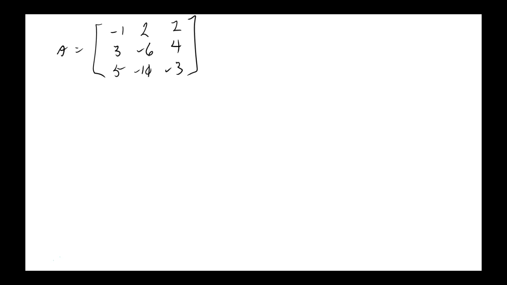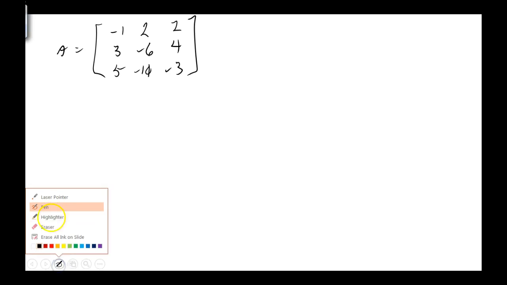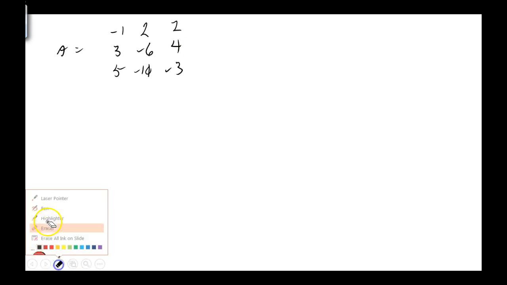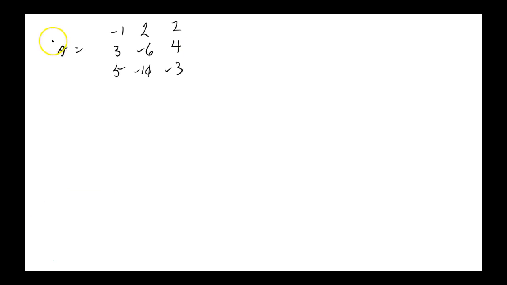Okay. Now, what I'm going to do first is just adjust my writing here. Okay? And I'm going to adjust that by changing it from A to determinant of A. Okay, because that's what we're looking for.